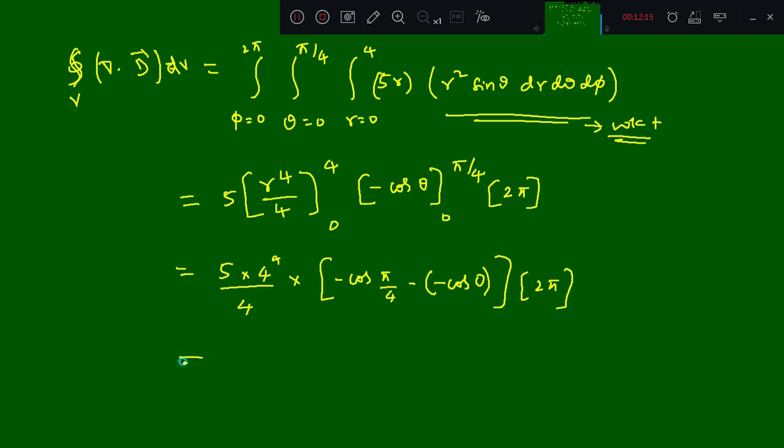Again if you calculate this using a calculator, you are going to get the answer as 588.896 coulombs. Hence we have proved that LHS is equal to RHS.